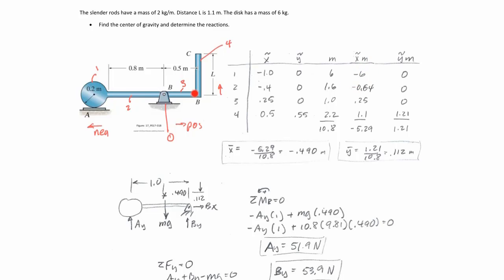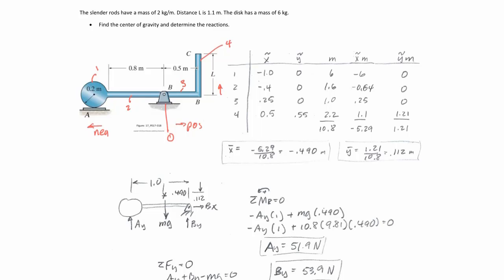In the positive axis, we have this is 2 kilograms times 0.5 meters, so that is 1 kilogram of mass. The center of gravity is 0.25 in the x and 0 in the y. And then this one is 1.1 meters. So in the vertical direction, 1.1 divided by 2 is going to be 0.55. In the x direction, it is 0.5. The mass is 2.2, and multiplying those out.